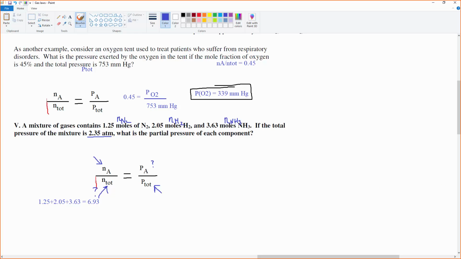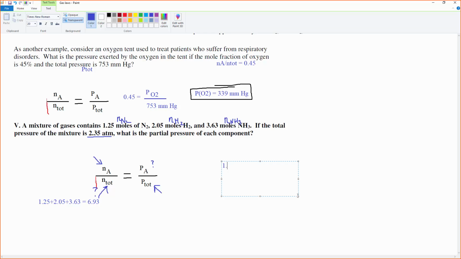So now, as Zach says, let's do this one at a time. To solve for N2, I'm going to say 1.25 moles of N2 divided by 6.93 moles tote is equal to the pressure being exerted by the N2 divided by the P tote, which was 2.35 atmospheres.